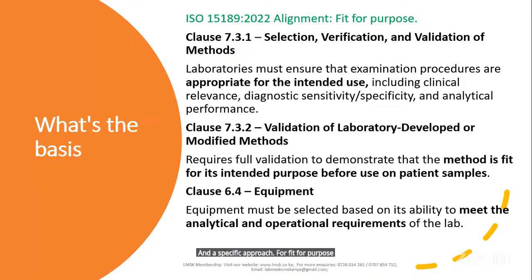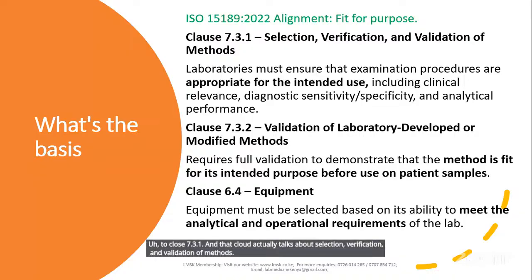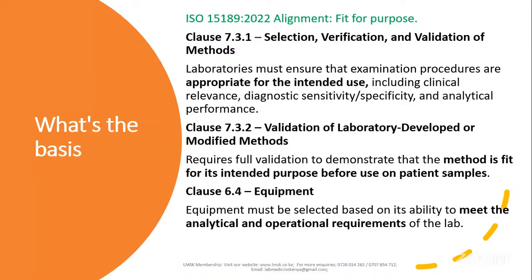We draw our inference to clause 7.3.1, and that clause actually talks about selection, verification, and validation of methods. And it says laboratories of any kind must ensure examination processes are appropriate for the intended use. Okay?